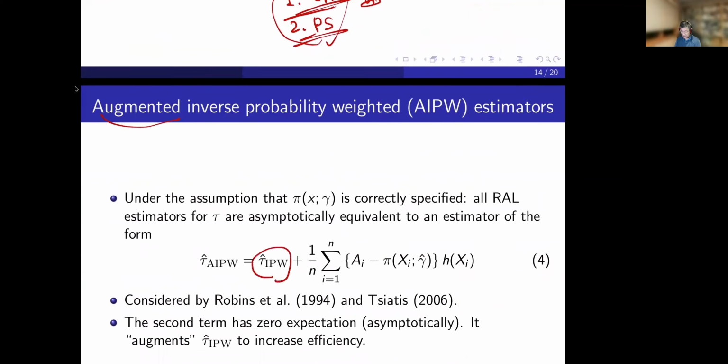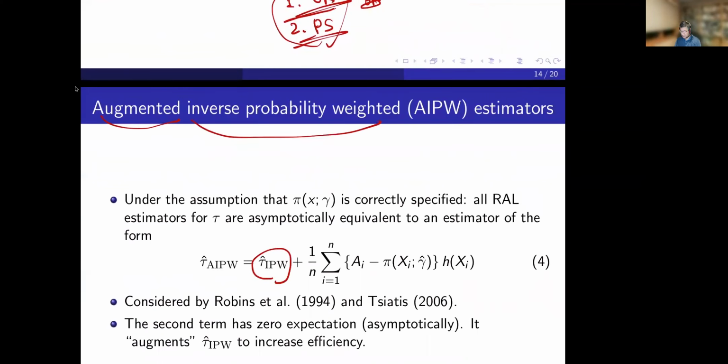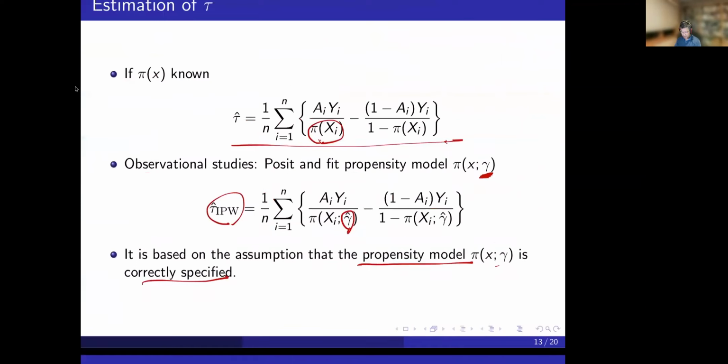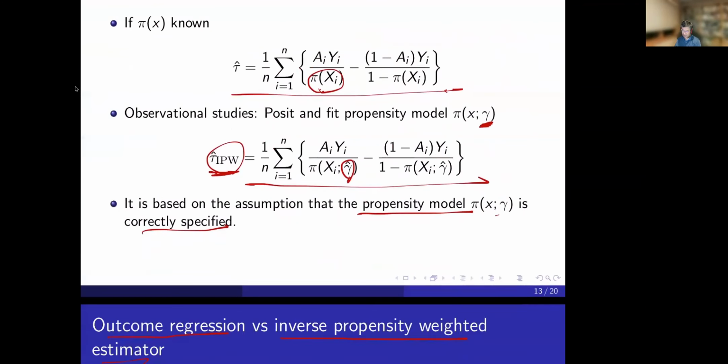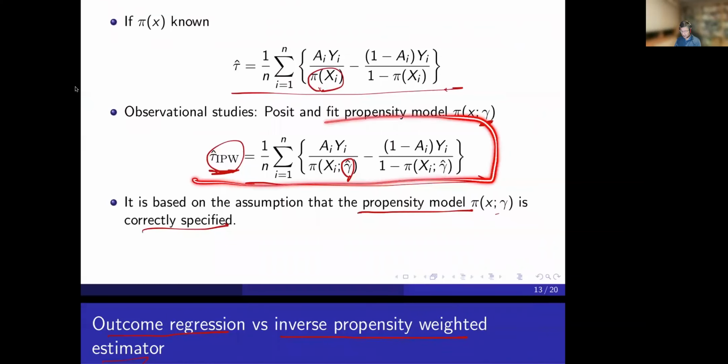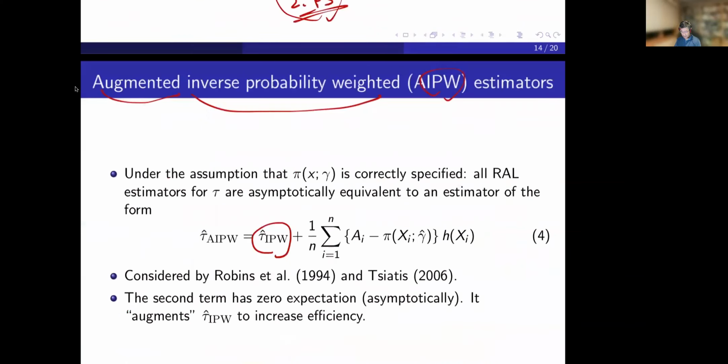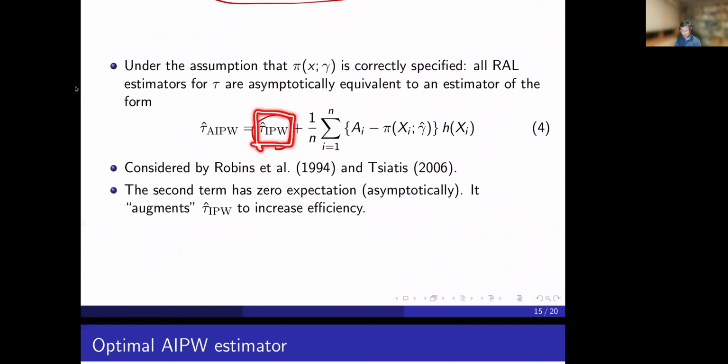We start with the IPW estimator, which is a weighted one, and this part is basically the augmentation. It has mean 0, because the expectation of A conditional on X is equal to pi.